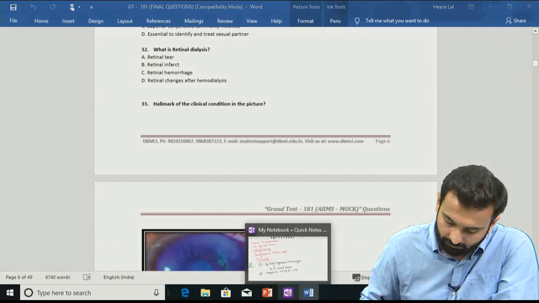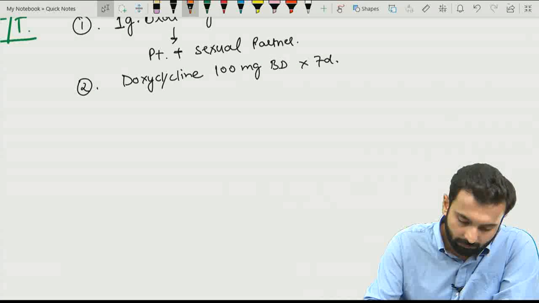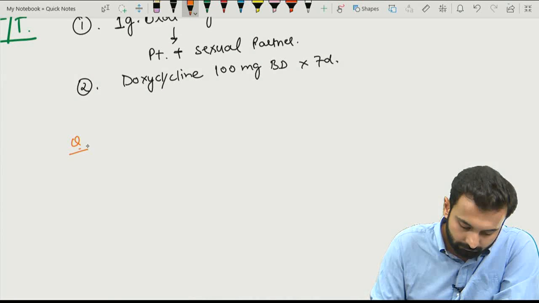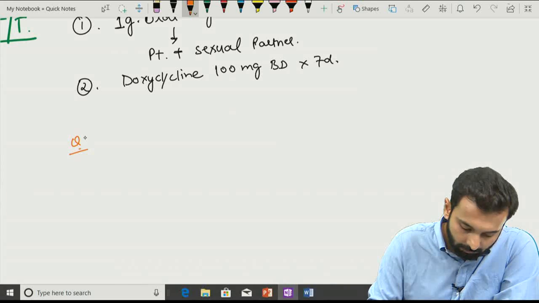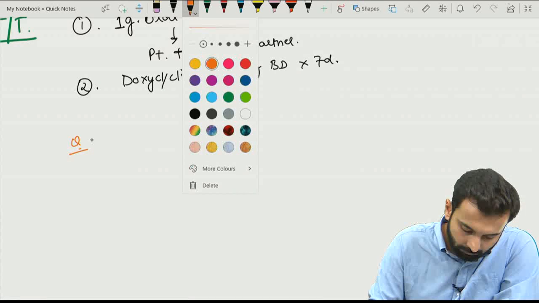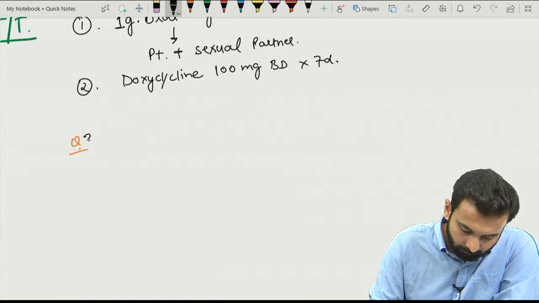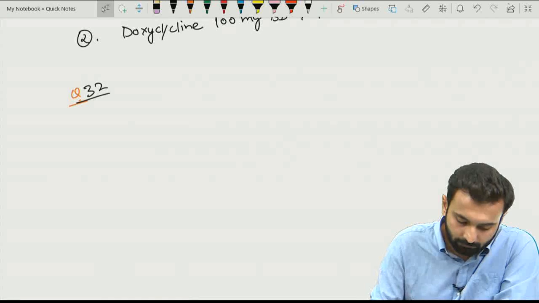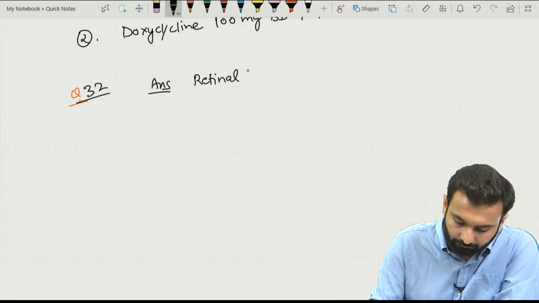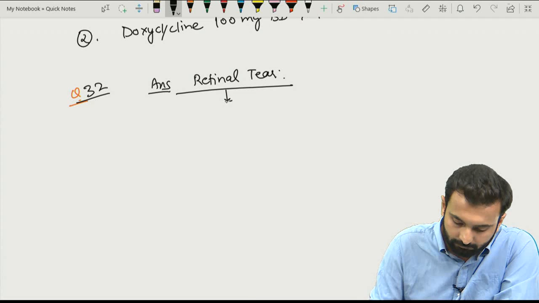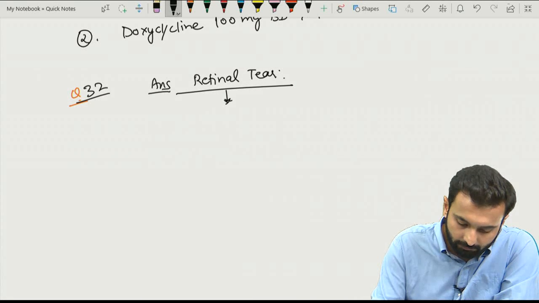What is retinal tear? The answer to question number 32 is retinal tear.